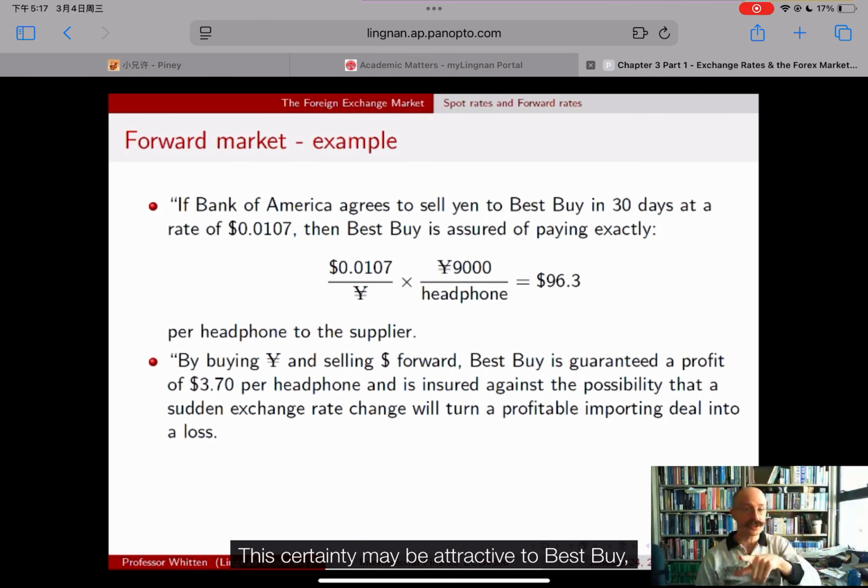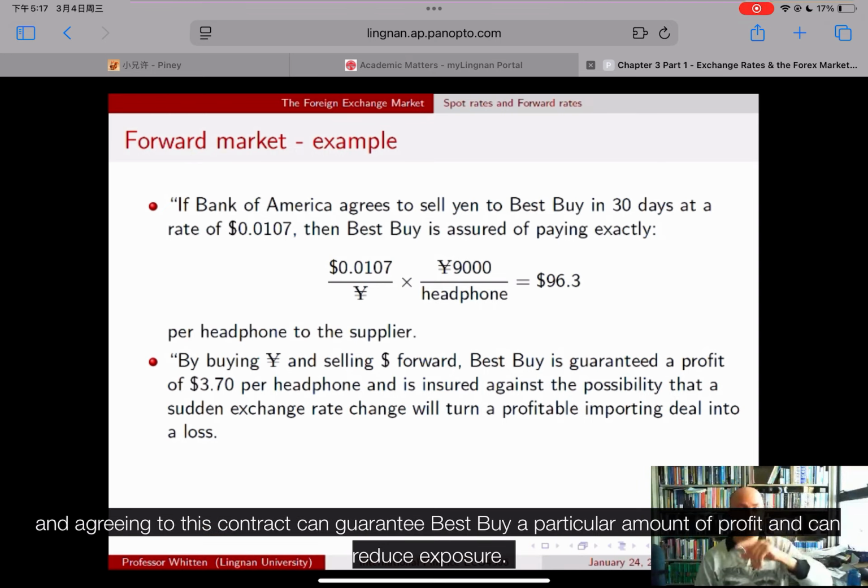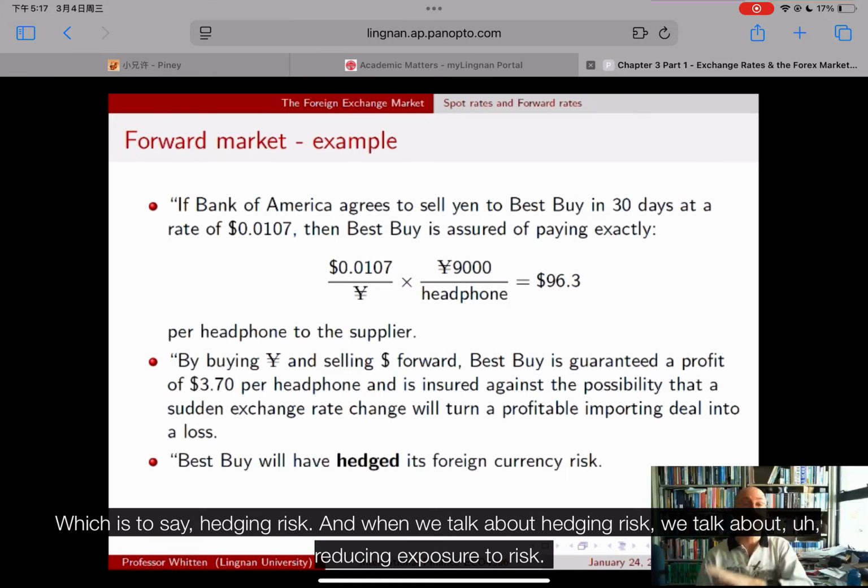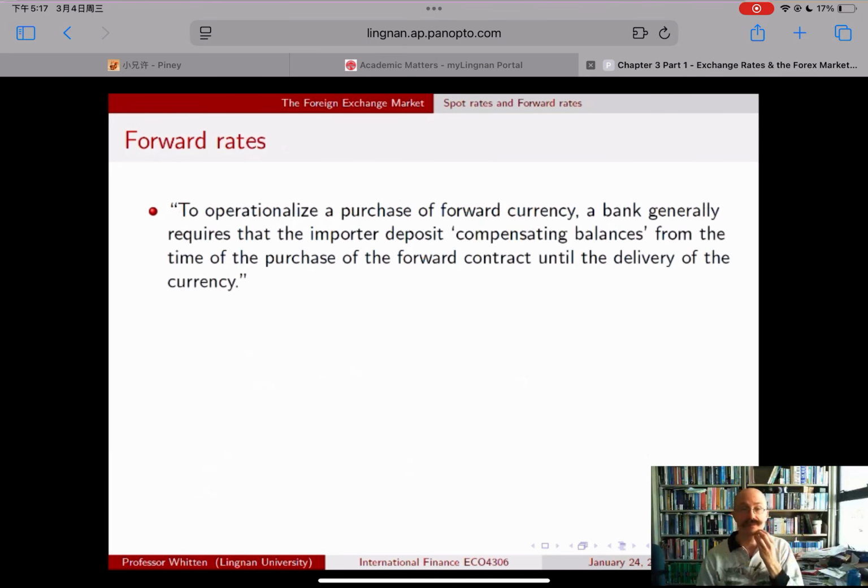This certainty may be attractive to Best Buy, and agreeing to this contract can guarantee Best Buy a particular amount of profit and can reduce exposure, which is to say hedging risk. And when we talk about hedging risk, we talk about reducing exposure to risk.